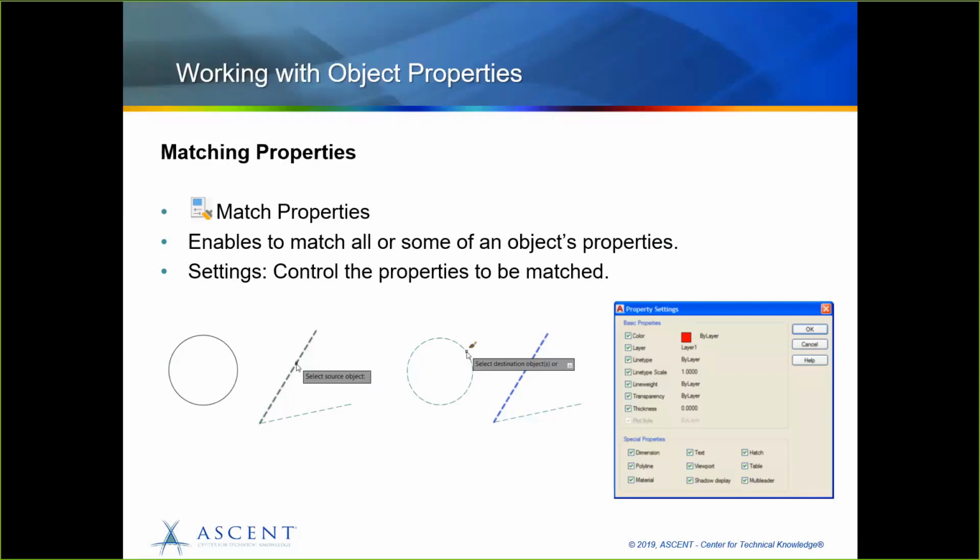At that point in time, you can right-click and then select settings. That will display the property settings dialog box. By default, all the properties are selected. So in the property settings dialog box, everything is selected because that's the default option.